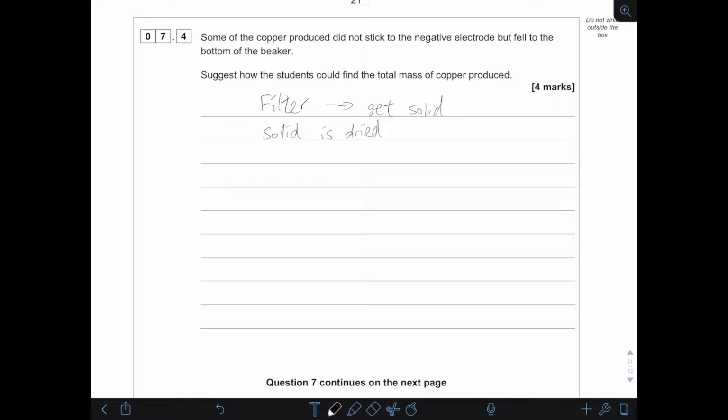Before you dry it, it's very important that you wash with distilled water.